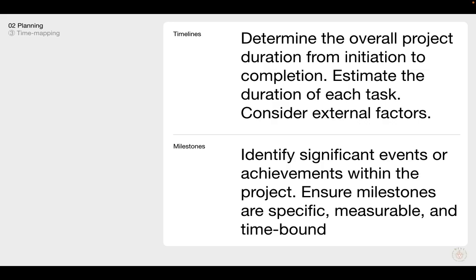So all of those potential bottlenecks or delays that could hamper your project will really be seen over here. And you can also allow for easier progress tracking and reporting just through this time mapping exercise.